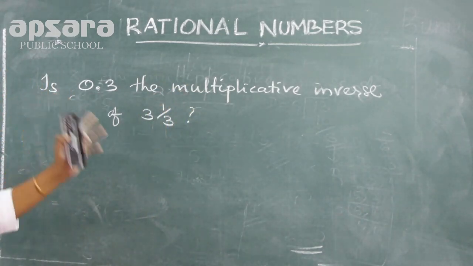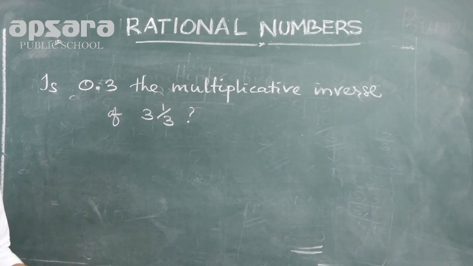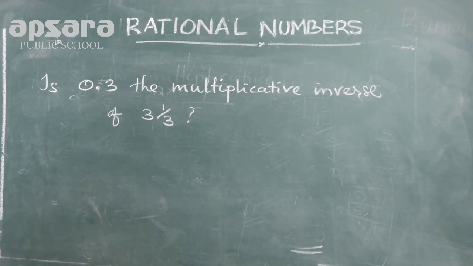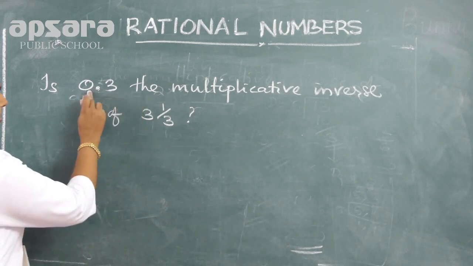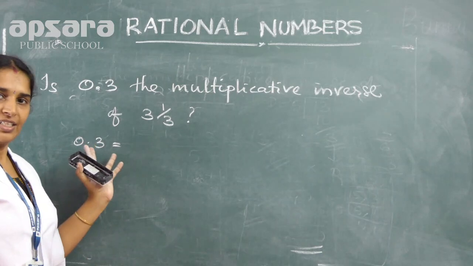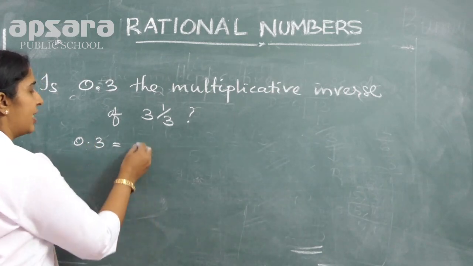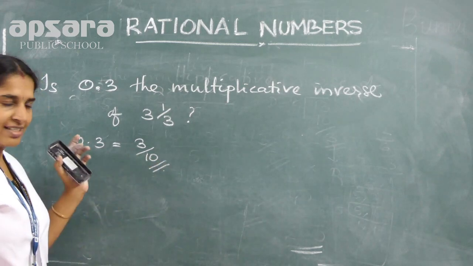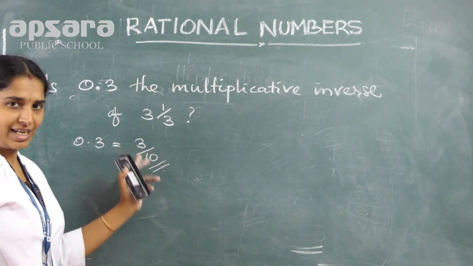Whether 0.3 is the multiplicative inverse of 3 1 by 3. So how will you do it? 0.3. Can you write it as a fraction? 0.3 same as 3 by 10. Right? 0.3 same as 3 by 10.